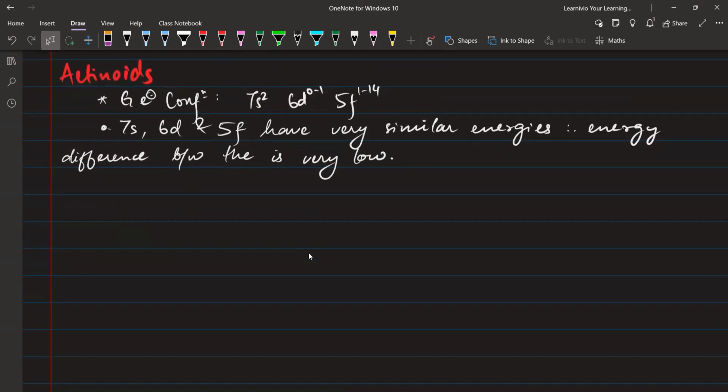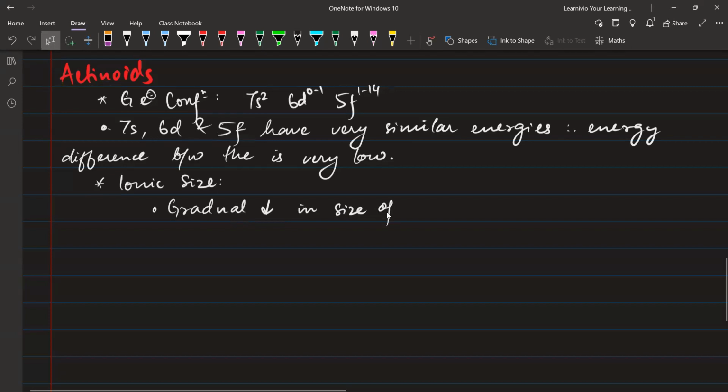Next you will write ionic size. Right here, gradual decrease in size of M3+ ions due to actinoid contraction.